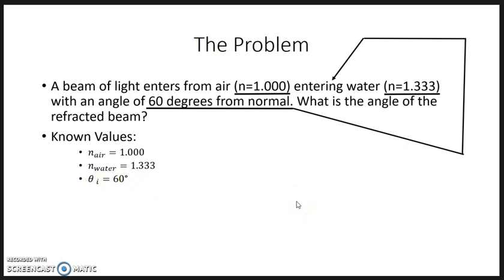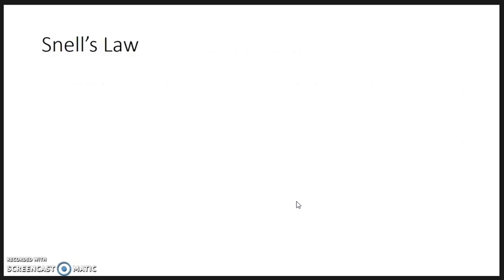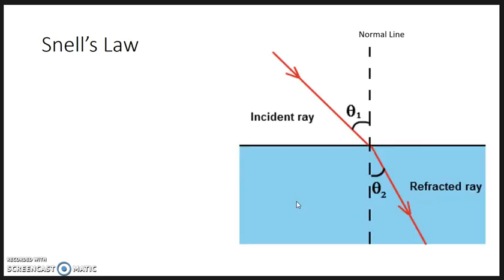So now let's get into Snell's law, because this is where we're heading given these values. Snell's law noted that if you have a ray coming in, the angle that it comes in at relative to this normal line, so that's relative to a perpendicular between the two substances, would come in with one angle and leave with another.